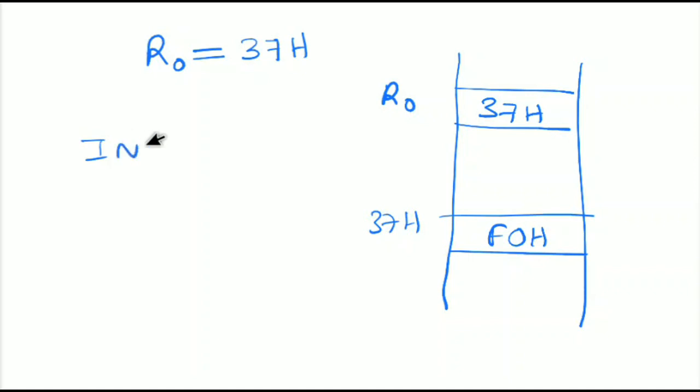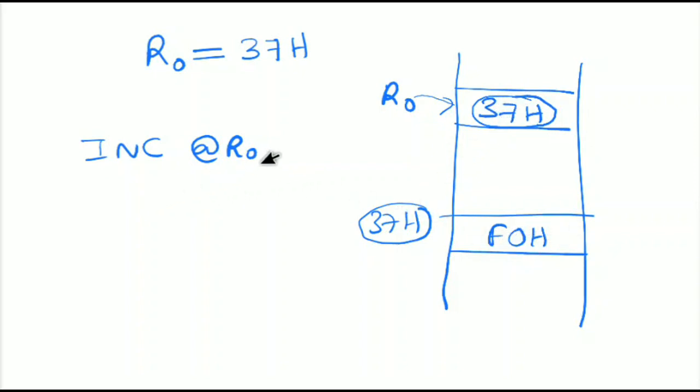Then if I write INC @R0, what will happen? You need to increment the data which is pointed by R0. Which is pointed by R0 means you need to consider the R0 content. Now this content is not data, it is an address. So 37H is pointing to F0.